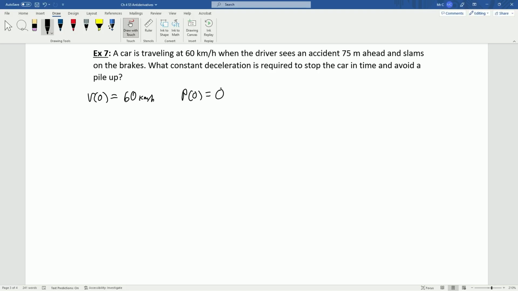We're also looking for the acceleration constant, k, and we want the position at the final time to be less than 0.075 kilometers, which is of course 75 meters, but we need everything to be consistent in terms of units.